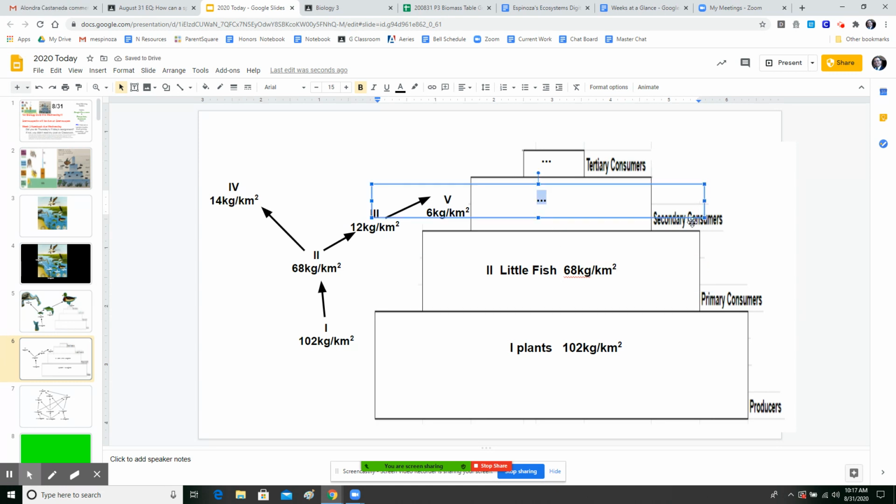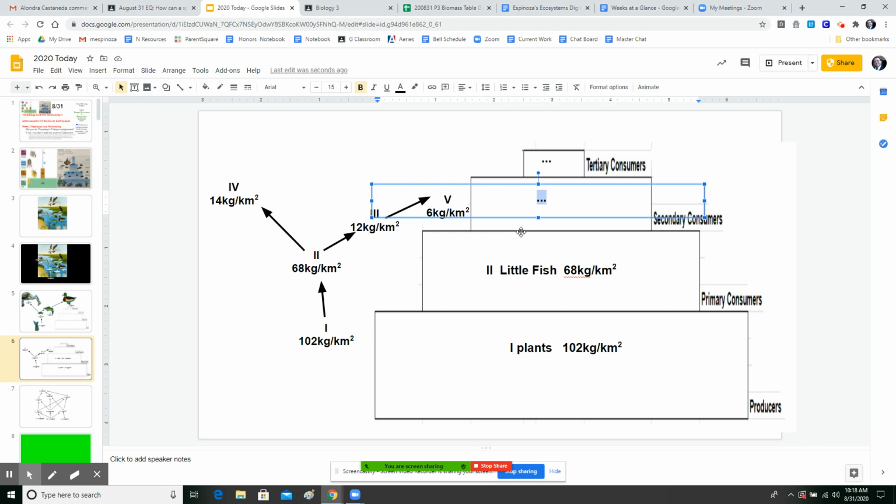Now let's look at the secondary consumers. The secondary consumers, they're the ones that eat the primary consumer. So this is the primary consumer. Its energy is going here and here to 3 and 4. So that means that they are the secondary consumers.